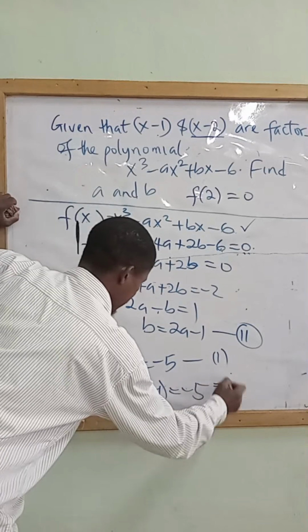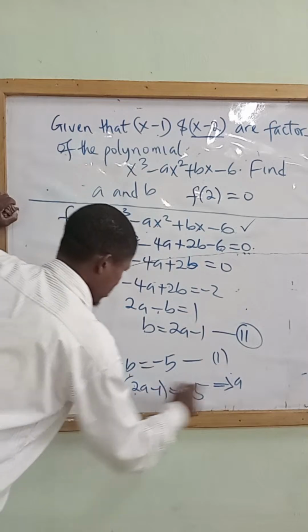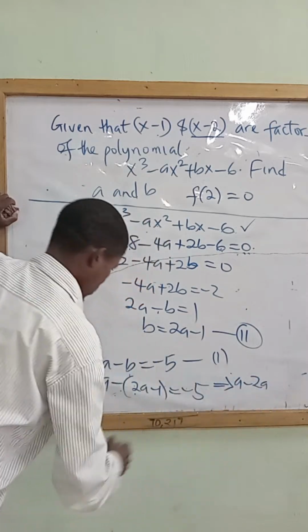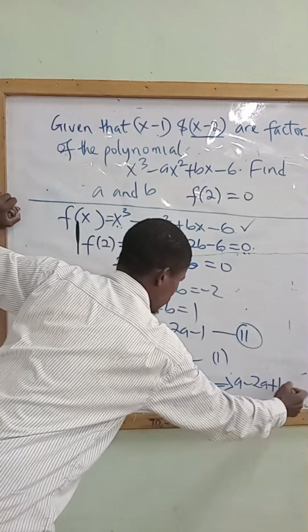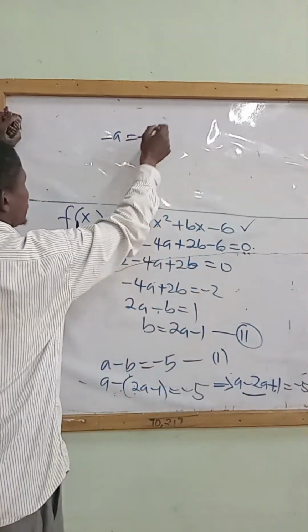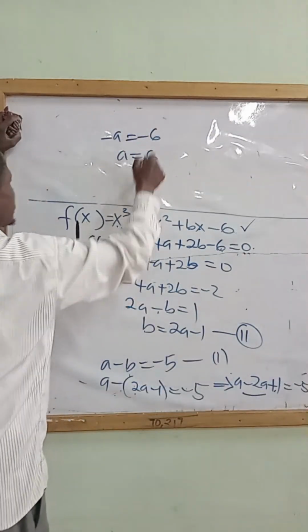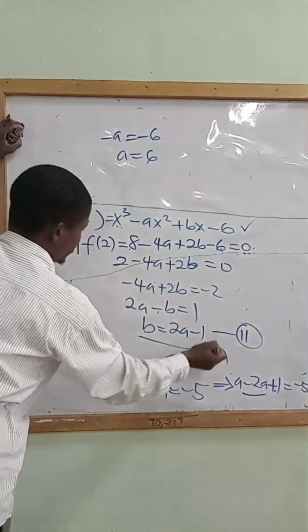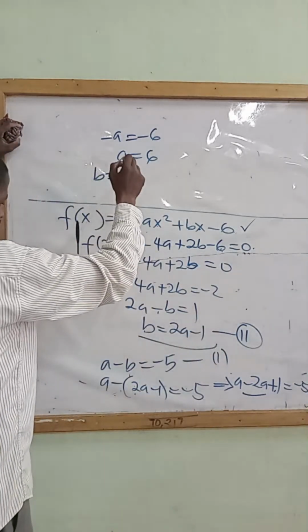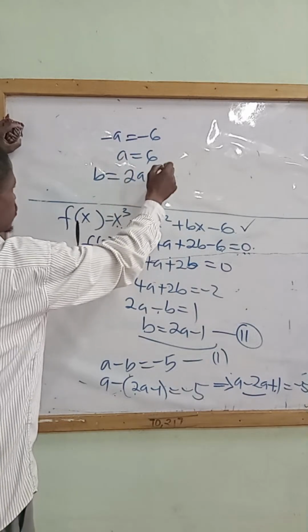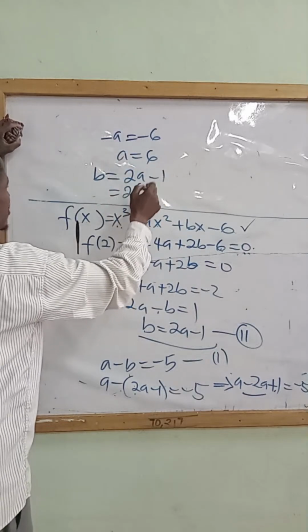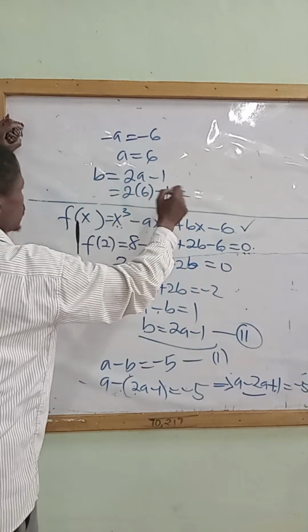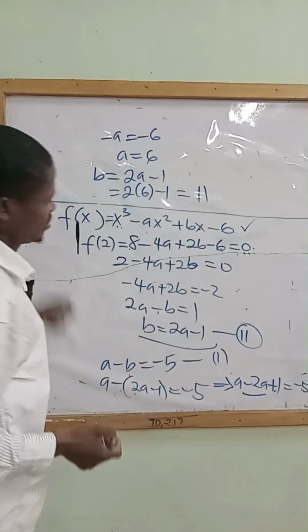So we are going to have a minus 2a plus 1 equal to minus 5. That's minus a equals minus 6, so a is 6. Then use any of the equations to get b. Let's use this one. b is equal to 2a minus 1. That's 2 times 6 minus 1, and that's 11. That's 11.